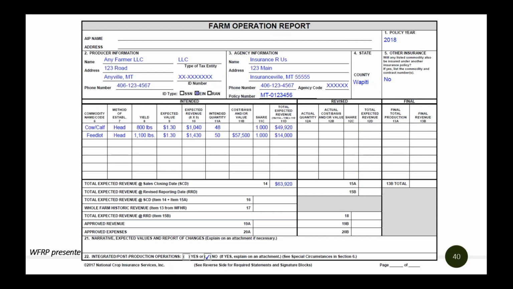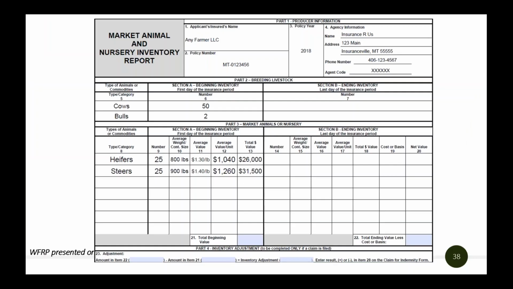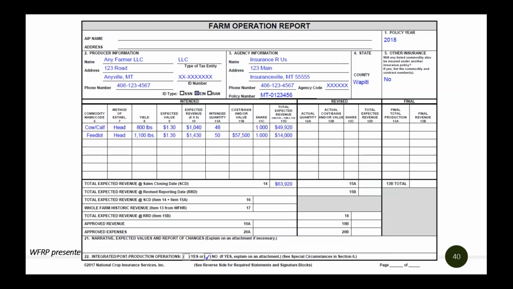Now notice that we purchased these, and we've got a cost basis of $57,500. I want to back up a couple of slides. Actually, that's these two numbers added together. It's the 26 and the 31,500 added together. So you can see that's what our beginning amount is, right there.